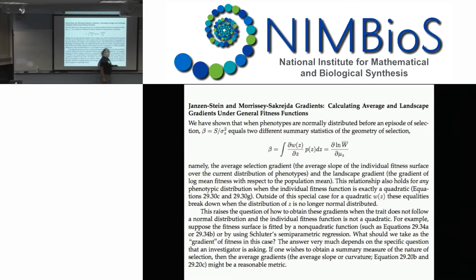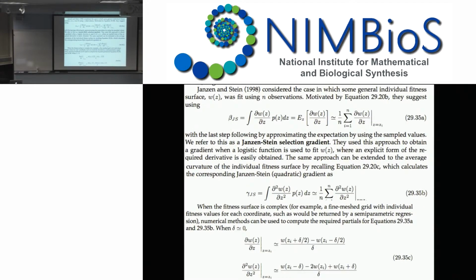In that case, we get different estimators for average curvature and your selection gradient over the landscape, and Janzen and Morrissey both proposed different estimators for that. So the Janzen-Stein estimator, which is cute because the James-Stein estimator is a very famous estimator in statistics, says, and I use JS down there, your average curvature is easily computed because you simply take your fitness surface and take the expected value of the curvature.